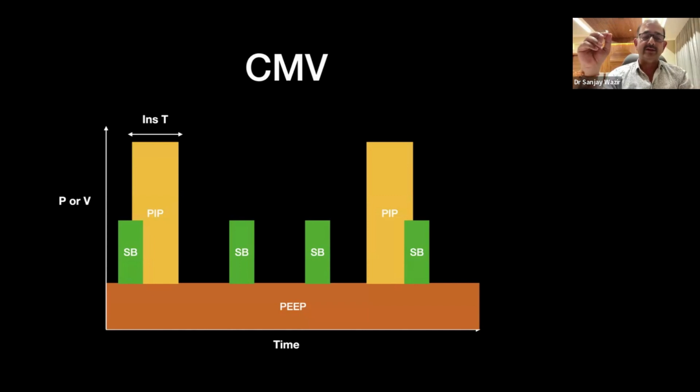If you are breathing like this in CMV, controlled mandatory ventilation, I control the breathing of the child completely, and I ask the ventilator, I do not really bother about what the baby is doing, but you need to deliver the baby this much pressure, this much PEEP, this much inspiratory time, and at a fixed rate. So do not bother about what the baby is doing.